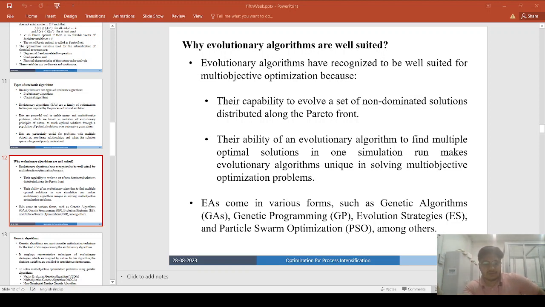Another advantage is the ability of an evolutionary algorithm to find multiple optimal solutions in one simulation run, which makes evolutionary algorithms unique in solving multi-objective optimization problems.